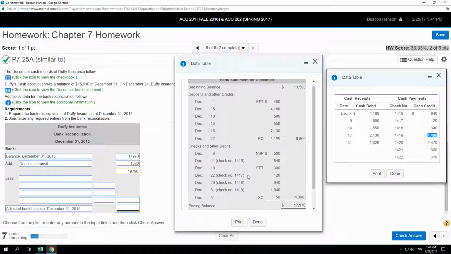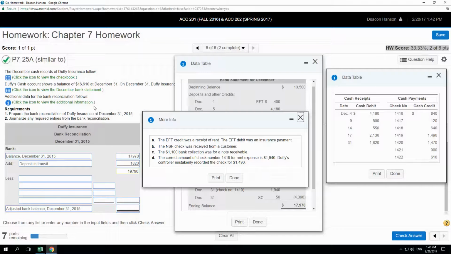We've got to do a little more reading here, but either we wrote it down wrong in our records, or the bank wrote it down wrong on their bank statement. There's definitely a difference for that check number. So maybe they tell us a little more. Oh, we have an additional information tab here. Let's look.